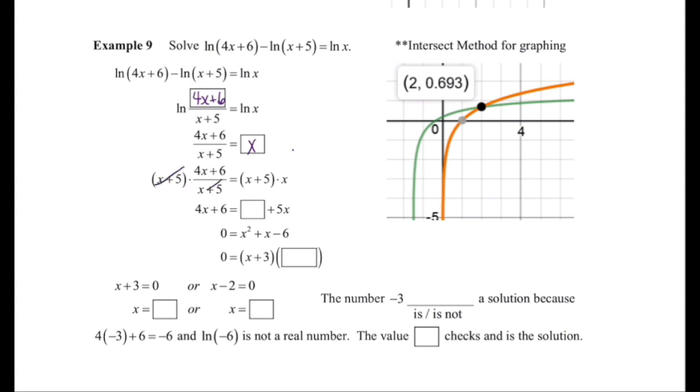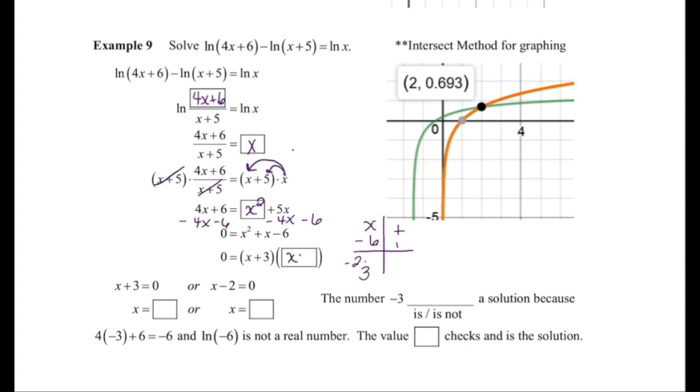So our x plus 5s cancel on the left. And when we distribute the x plus 5, we'll have x squared plus 5x. We can get both sides into quadratic form. So what multiplies to negative 6 but adds to 1? Looks like negative 2 and 3 will work.